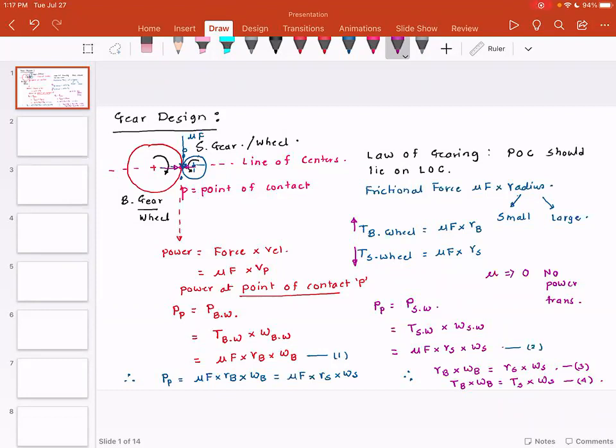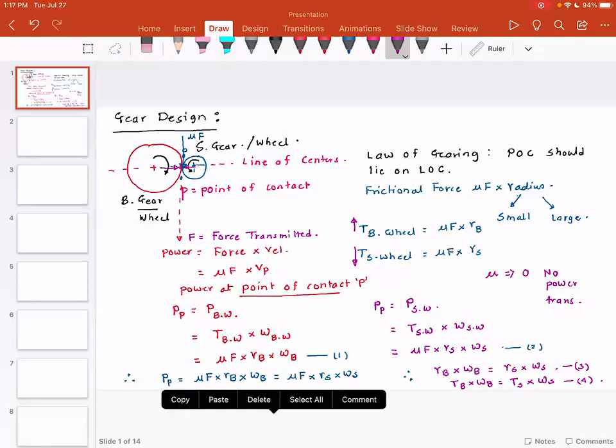The other thing which I want you to think about is this is the force vector F. This is the force transmitted. And this transmitted force is making 90 degrees, and this is very important.